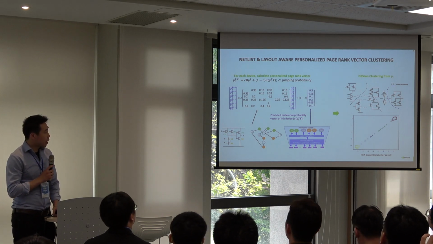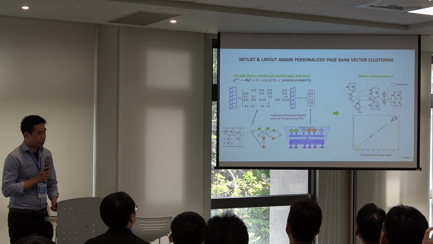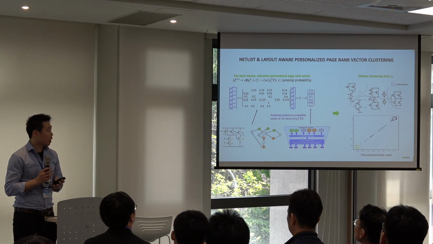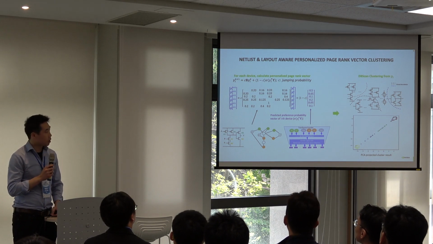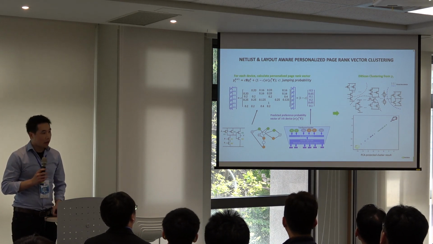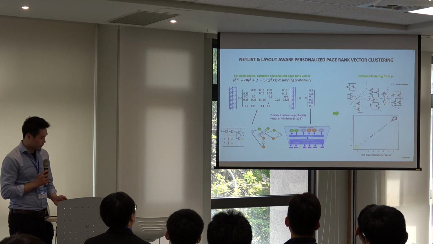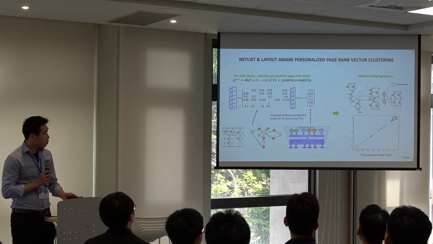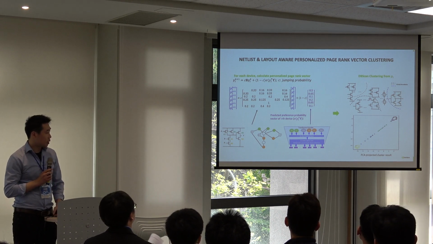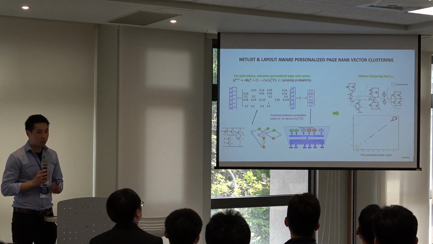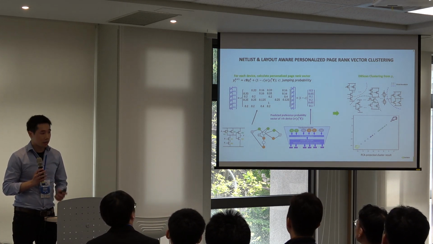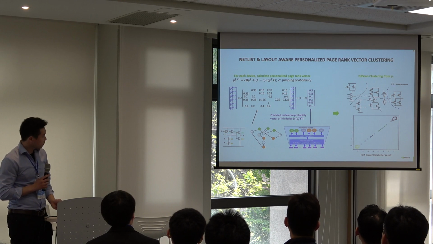After we have the personalized PageRank vector of each device, we use the DBSCAN clustering methodology to generate the clusters. This figure is a PCA example of one of the cluster results, for around 100 devices in latch cells.